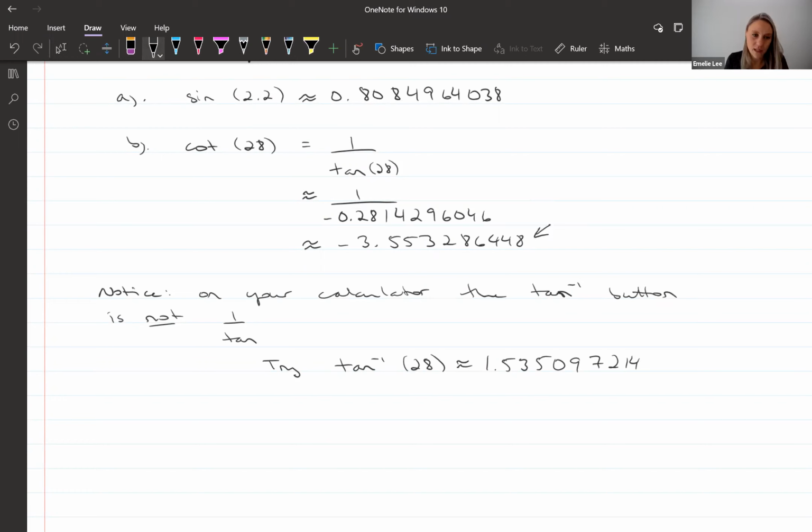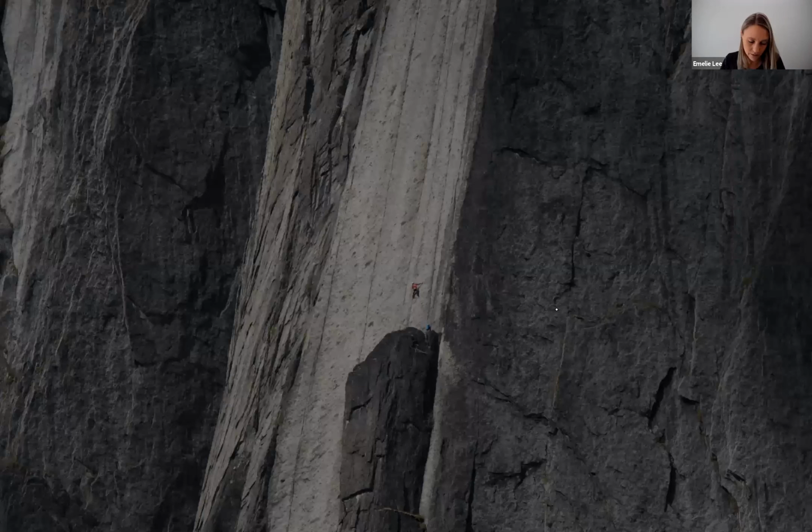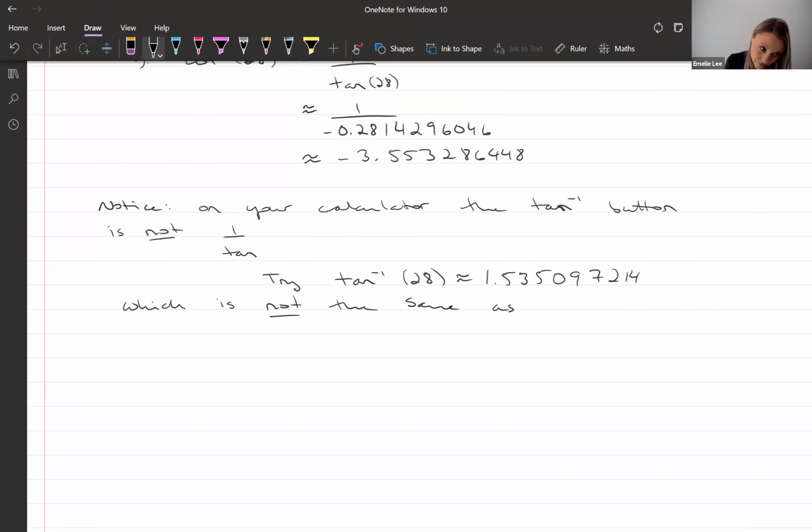This is the one I want to highlight. Which is not the same as 1 over the tan of 28.